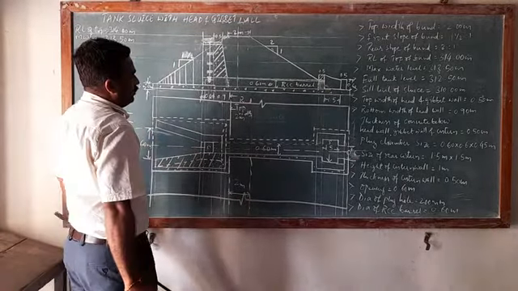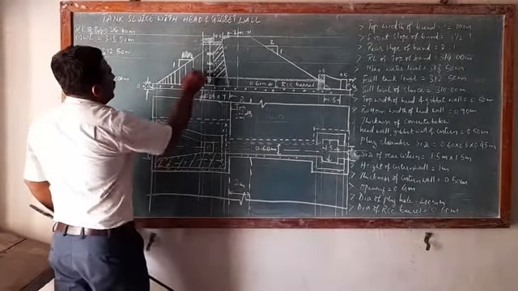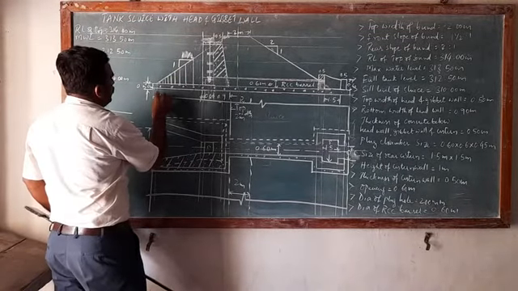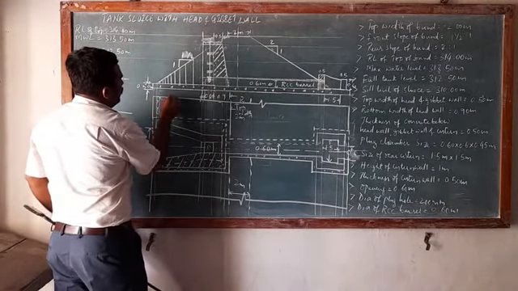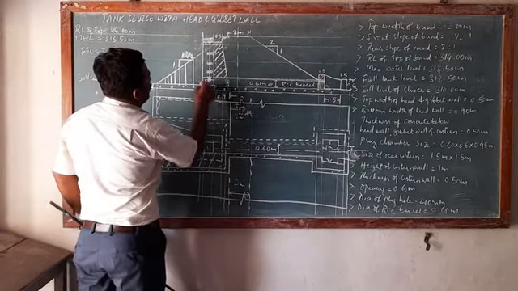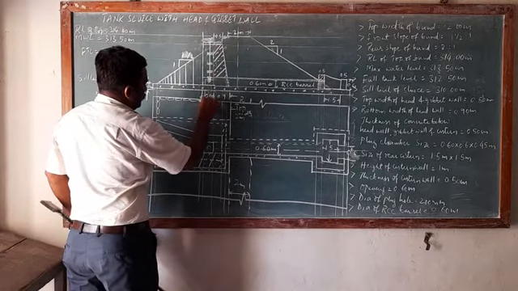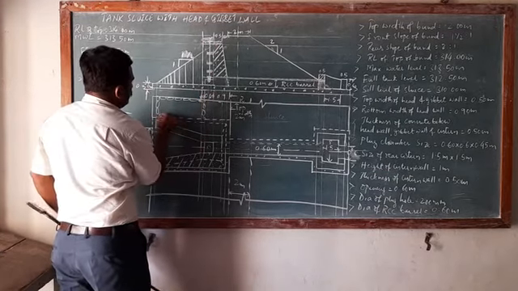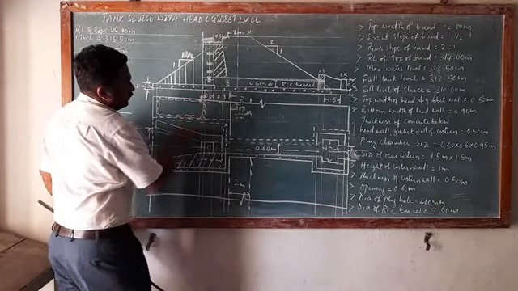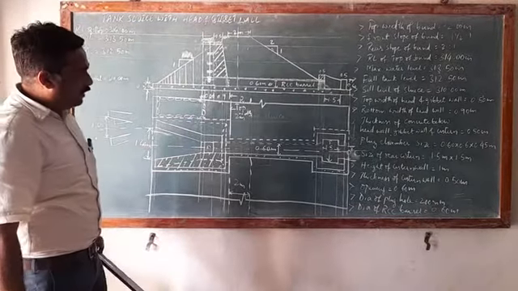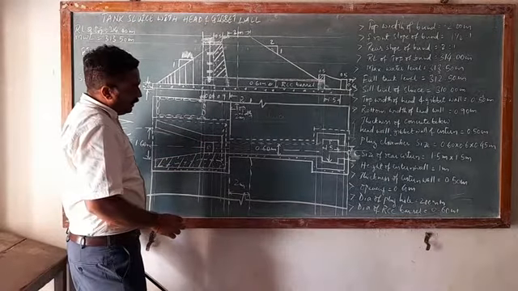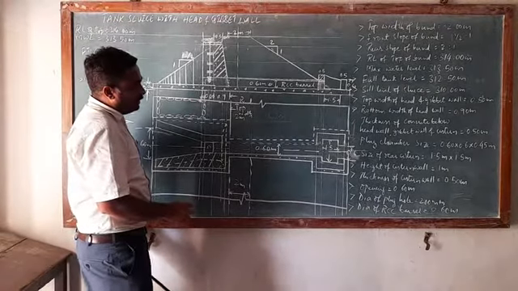This shows the portion of the bund. So you can show some pitching also. The pitching will be provided up to the MWL. So the MWL line is here. This is the MWL projection. So up to this point we can show the pitching also. After this you can continue with the dimensioning.